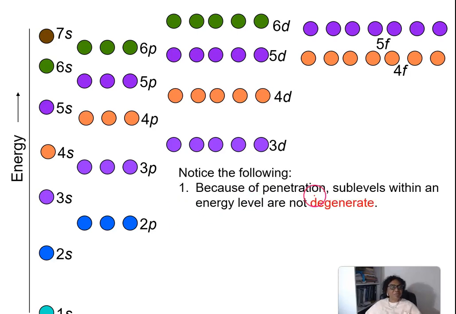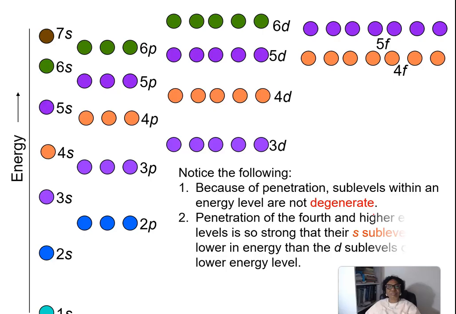Notice, because of penetration, sublevels within an energy level are not degenerate. So penetration of the fourth and higher energy levels is so strong that their sublevels are lower in energy than these sublevels of lower energy levels. So what does this lower energy level mean?